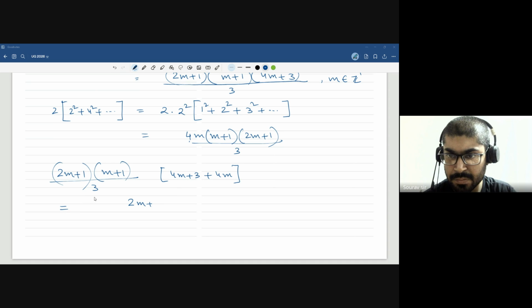And so simplify it, you will get 2m plus 1 into m plus 1 into 8m plus 3 divided by 3.